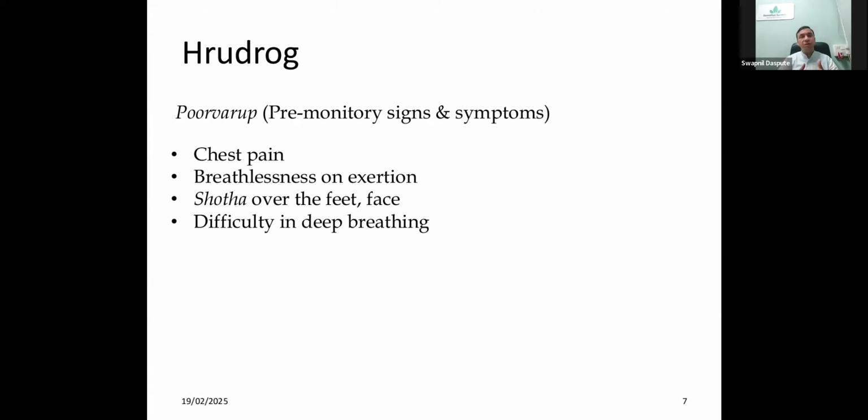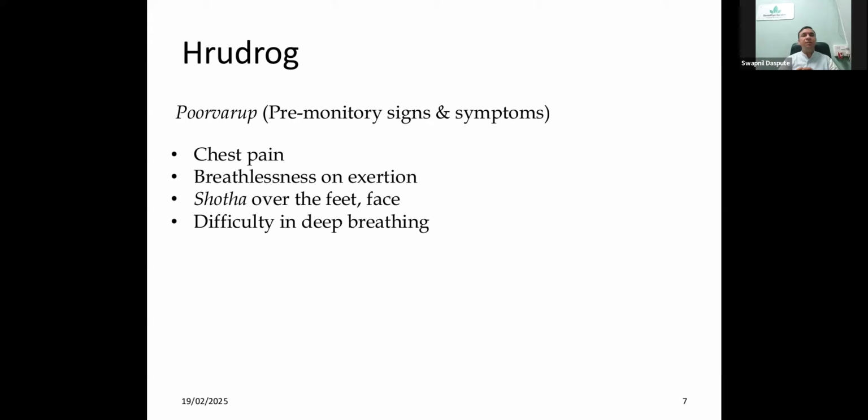So when you see Shotha, two things which you should think of are the heart and the kidney abnormality in functioning. In heart problems, patients will see Shotha in the feet, especially the face also, in the extremities.